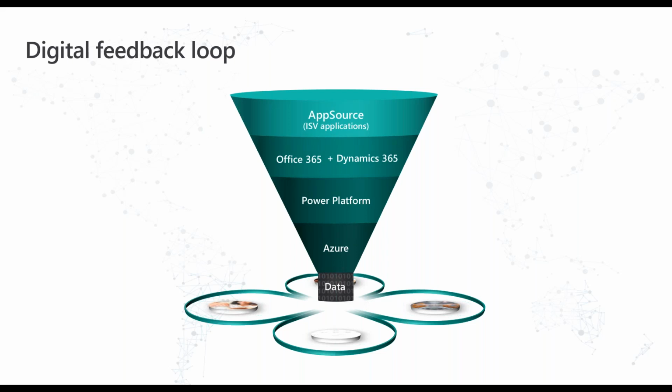So just to give you a little bit of an example of all this, if we go to Office 365 and Dynamics 365, we have embedded Dynamics 365 into Office 365, so that when I'm doing something like an Outlook email, I can actually action things in Dynamics 365 from that email without having to leave Office.